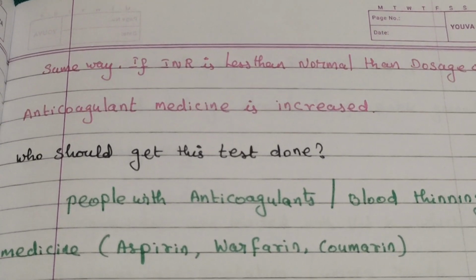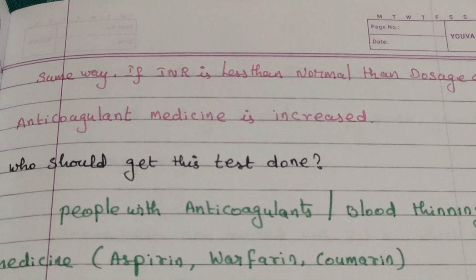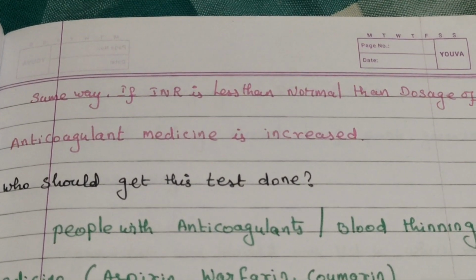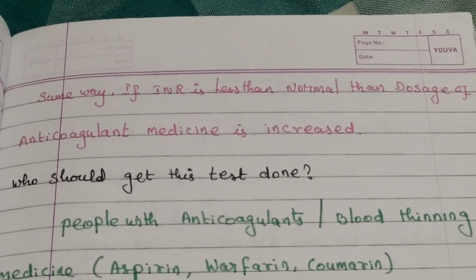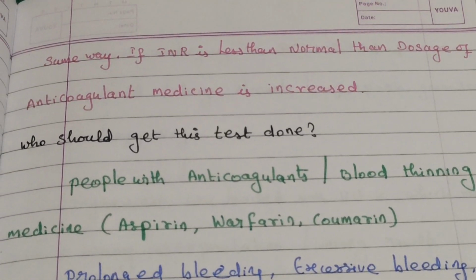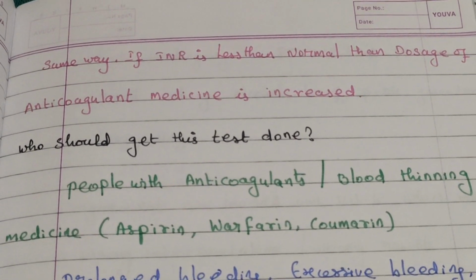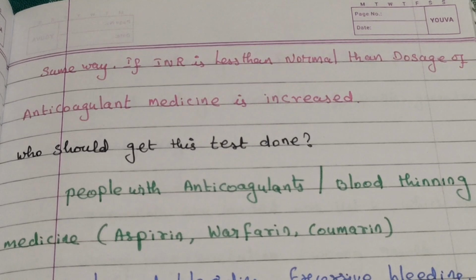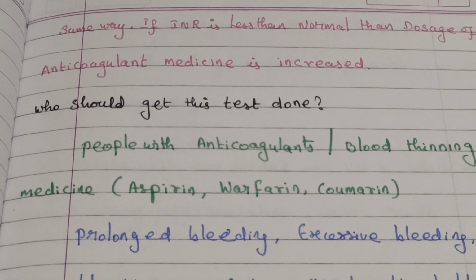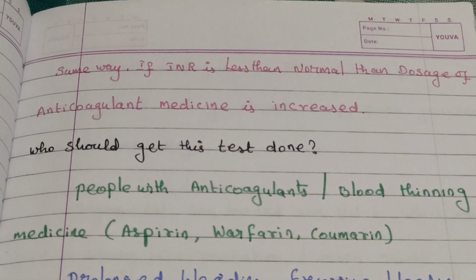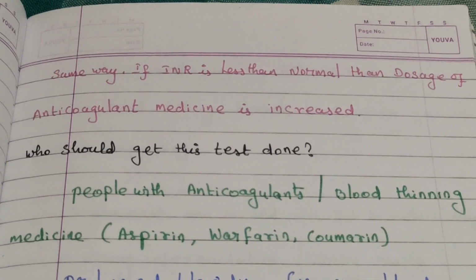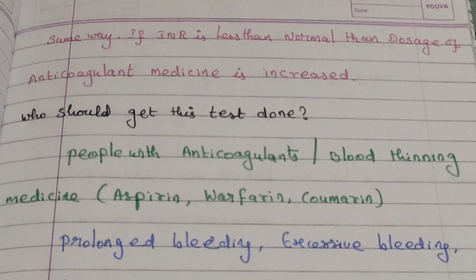In the same way, if the INR value is less than normal, then the dosage of anticoagulant medicine is increased. So INR is generally used for adjustment of dosage in patients on blood thinning medication.